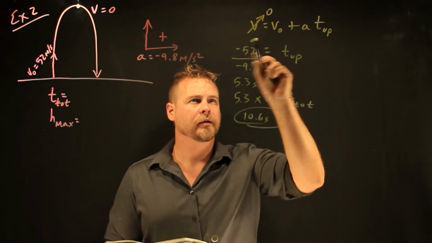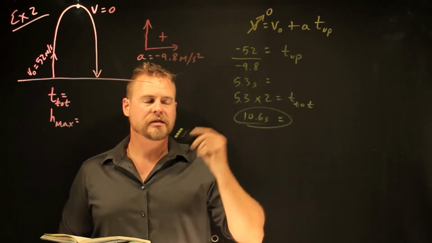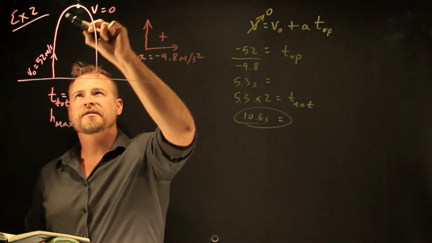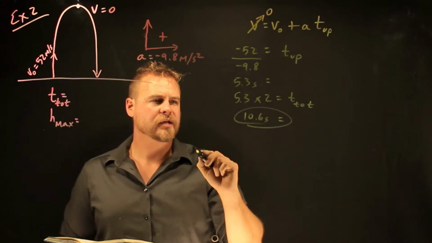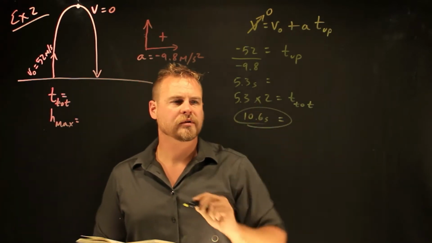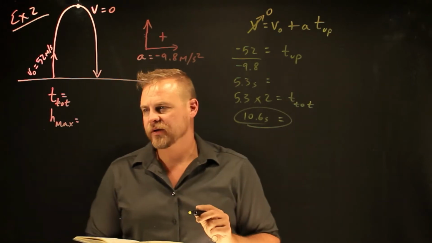So everything has to jive. When I do some basic algebra, I come up with 5.3 seconds, that's t up. I know the symmetry of up equals down, and so if it took me 5.3 seconds to go up, it's going to take me 5.3 seconds to go down, and so my total air time will be 10.6 seconds.